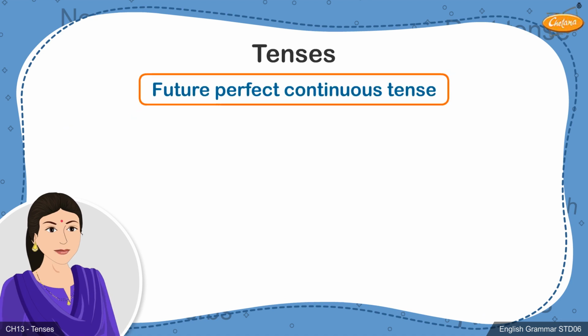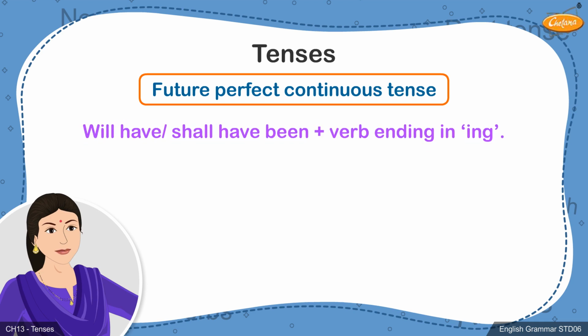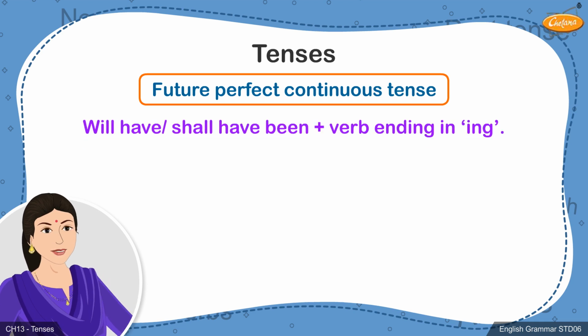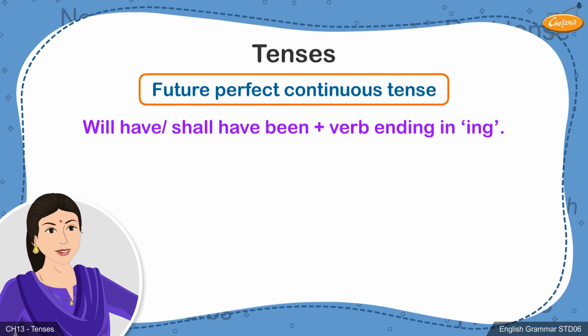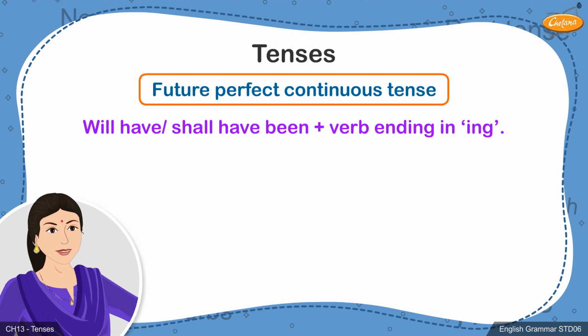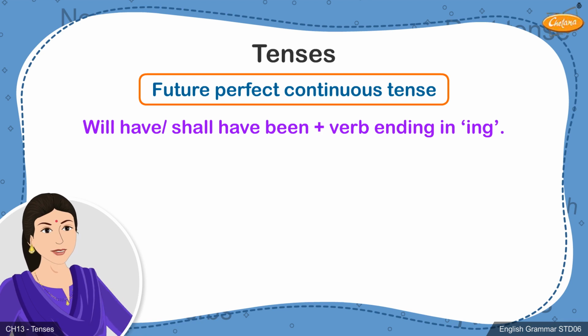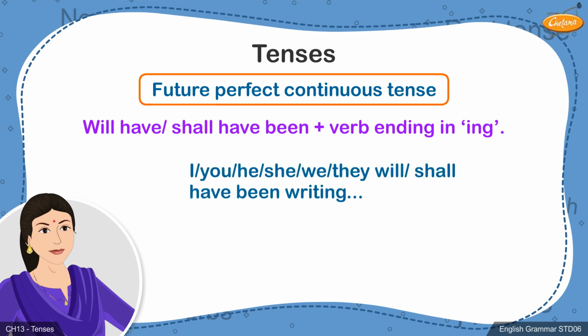Lastly, we will learn about a future perfect continuous tense verb. This tense form is a combination of will or shall, have been as helping verbs, and the main verb ending in ing, as it is a continuous tense verb. Will or shall, have been plus verb ending in ing.